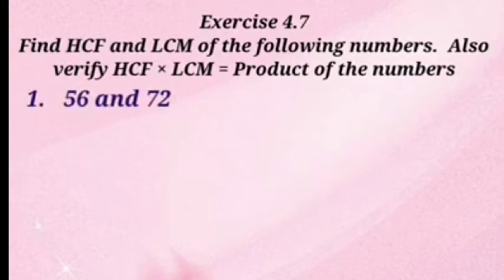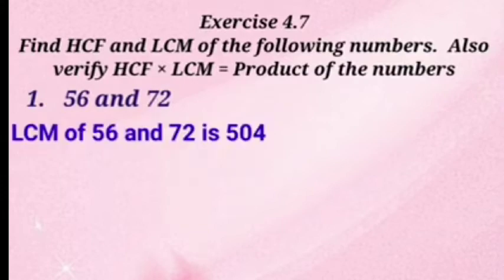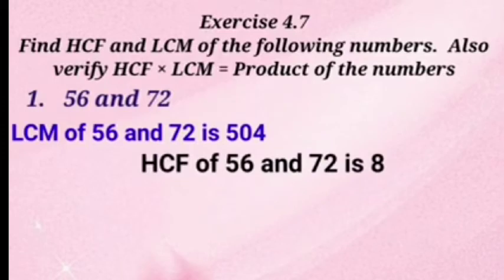Now we know how to calculate the LCM and how to calculate the HCF. So here I am writing directly: LCM of 56 and 72 is 504 and HCF of 56 and 72 is 8. So let's see how to use this property, how to verify this. First of all, we have to find the product of HCF and LCM.